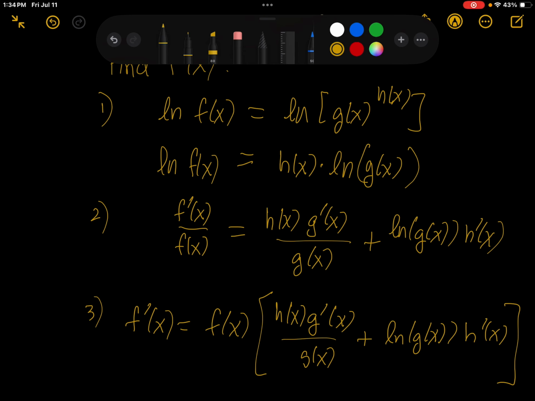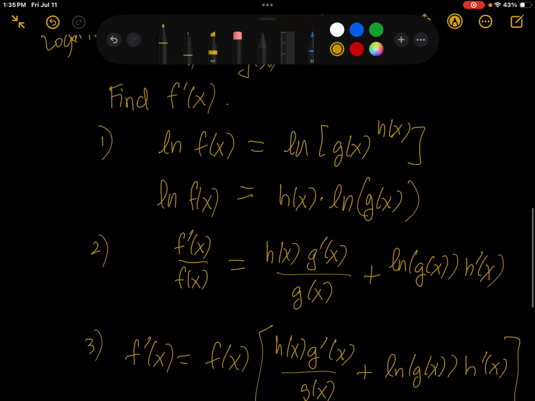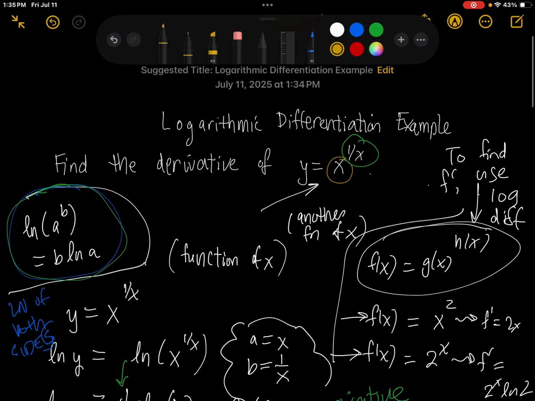I mean, that's something I kind of swept under the rug. But if your function is negative, then of course you can't take the natural log of something that's negative. So throughout this whole process, we're assuming that these functions that you're differentiating are positive. So maybe I should have said that at the beginning.